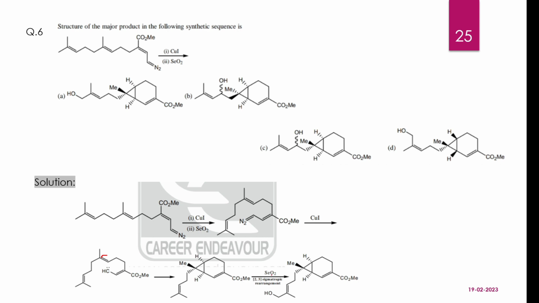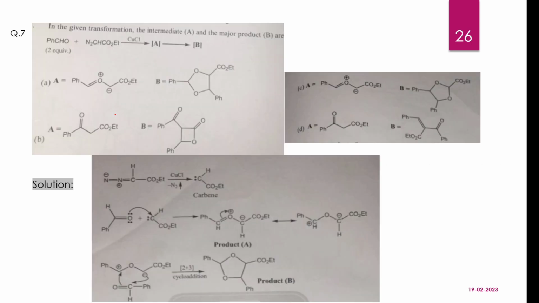And when selenium oxide is added, we all know selenium oxide is used to oxidize the allylic CH3. There is an allylic CH3 here, so it will be oxidized to give a CH2OH. So which one is the product? This one is our product. Understood?